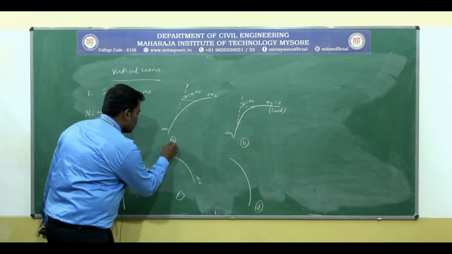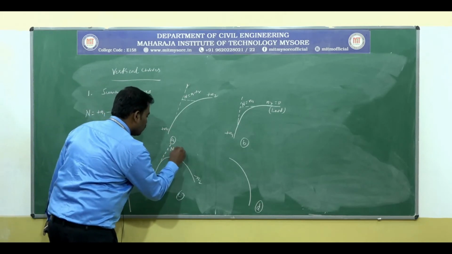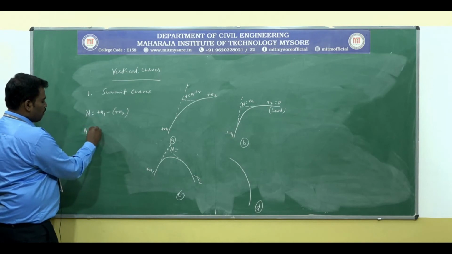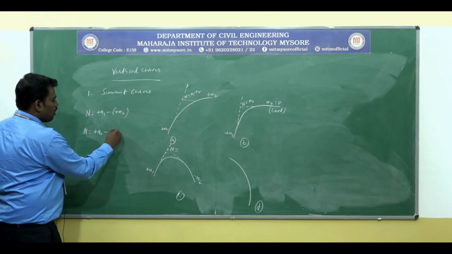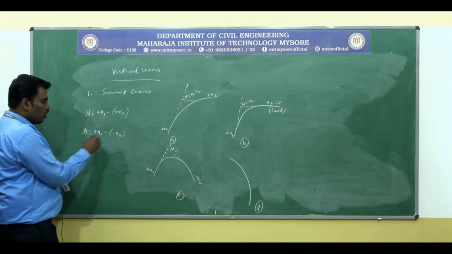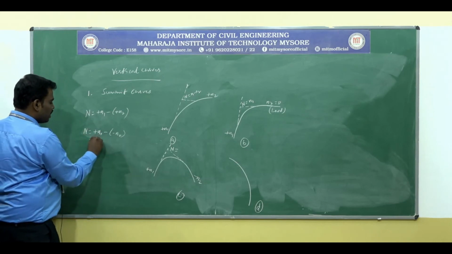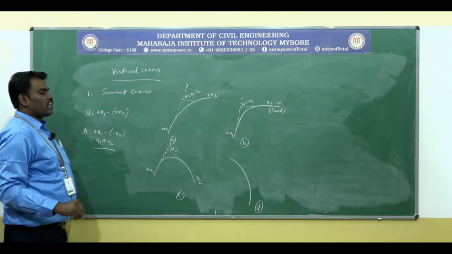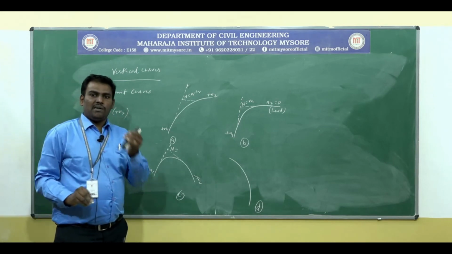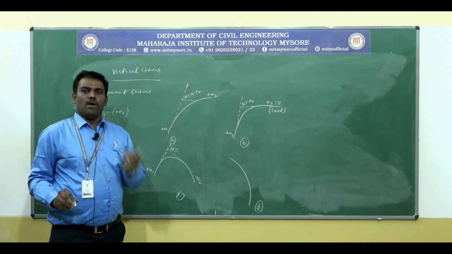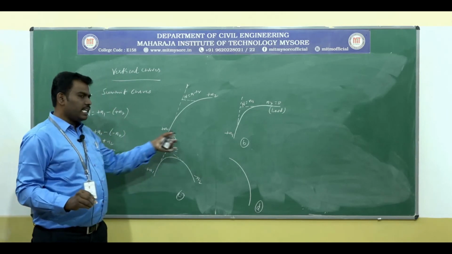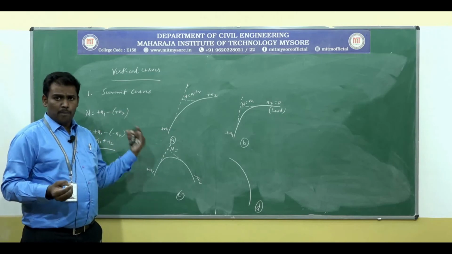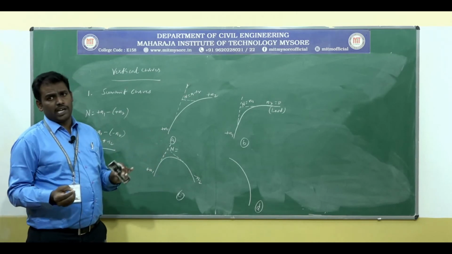If that is the case, the deviation angle n is equal to plus n1 minus of minus n2, because for the downward gradient, minus into minus gives plus. Then it becomes n1 plus n2. For the summit curve, the deviation angle will be maximum when an ascending gradient is followed by a descending gradient, which we can call an upward gradient followed by a downward gradient.